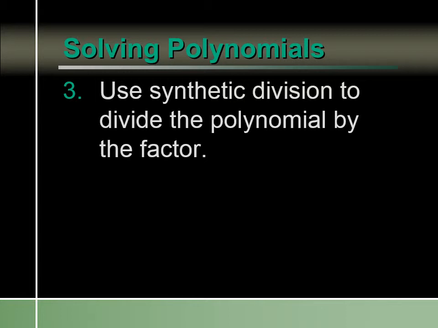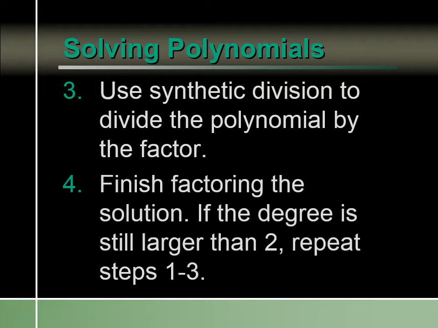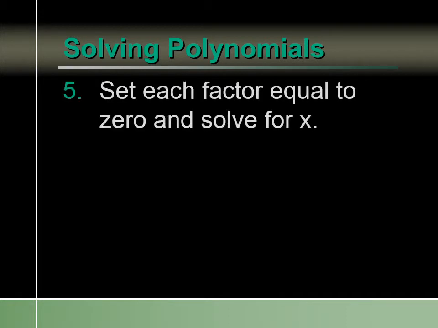And when we use synthetic division, we can then finish factoring the solution because it'll be a quadratic. If it's not a quadratic, so if the degree is still larger than 2, we have to repeat the process again. And then step 5 is set each factor equal to 0 and solve for x.